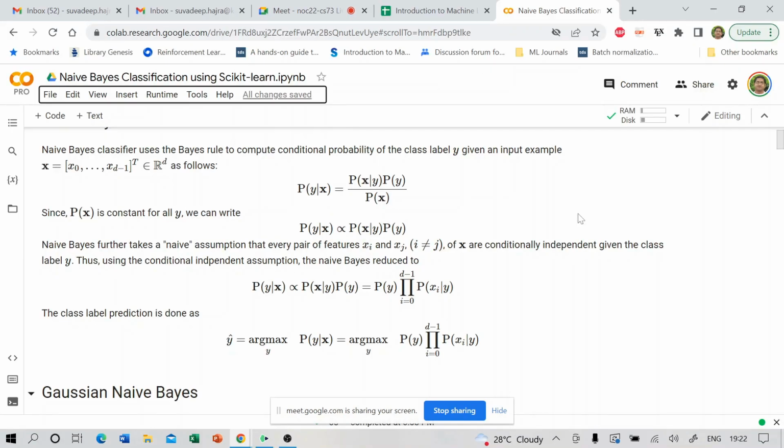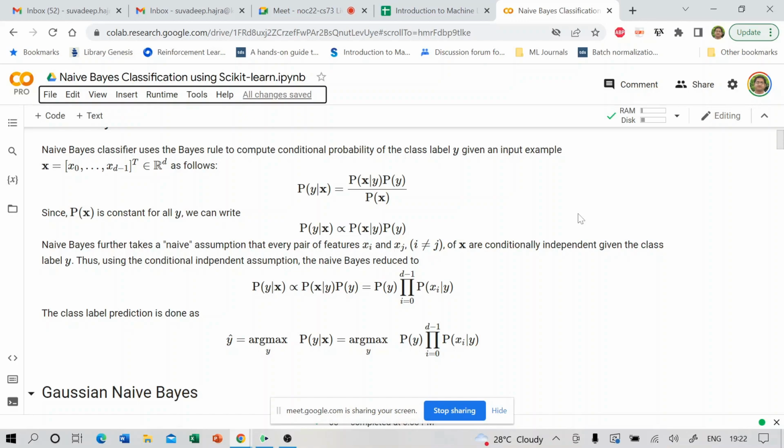Probability of y is basically the marginal probability of y, which is nothing but the fraction of the data that belongs to class, say, y equal to 1, or the fraction of the data that belongs to class 2, something like that.